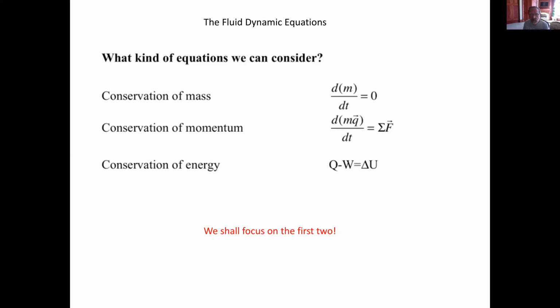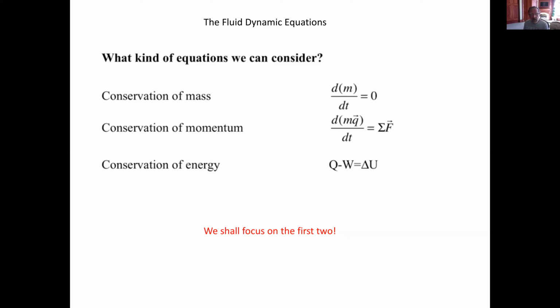Then you take the mass and multiply it by the velocity, which is momentum, so d(mq)/dt, and remember I used q for the velocity vector, which is u, v, and w. The change of that must be equal to the forces acting on the object, which is Newton's law. We can go on and say d(mq²)/dt is going to be energy, and energy is also conserved.